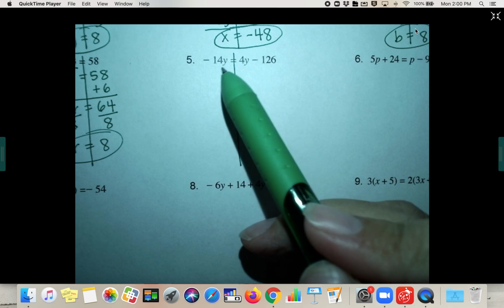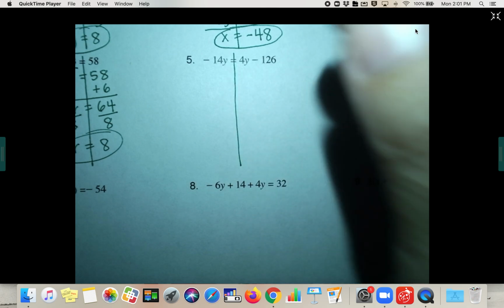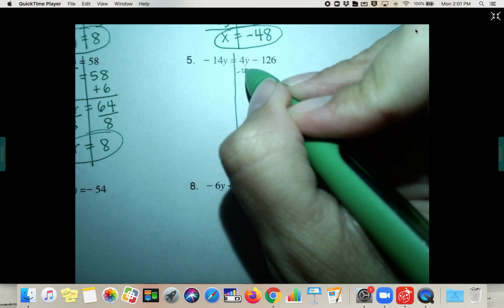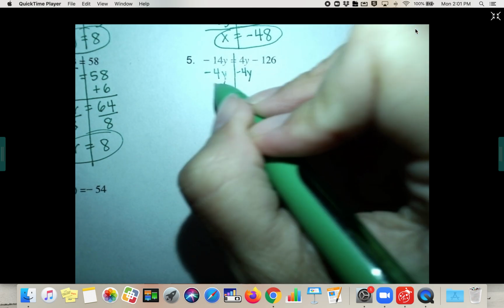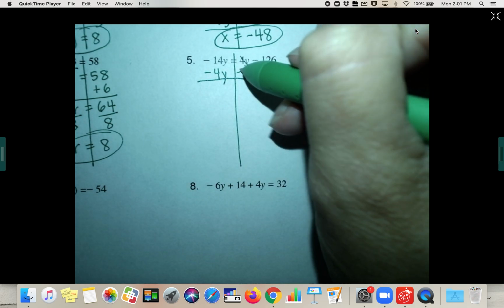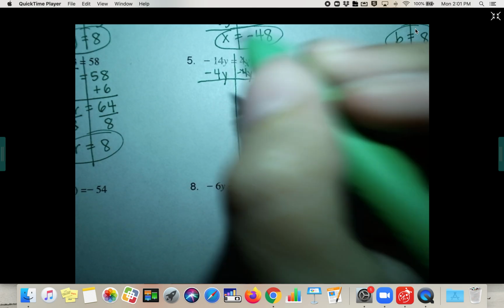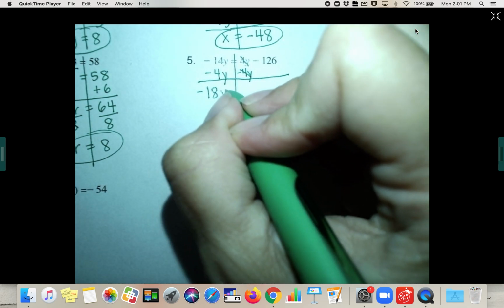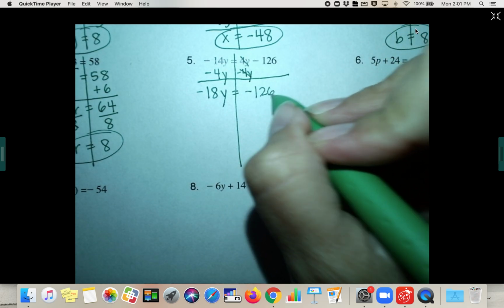So always look for the like terms and move things around that fit together. So I'm going to actually subtract 4y on both sides. All right. Negative 14y minus 4 more y is negative 18y. And that equals negative 126 over here.